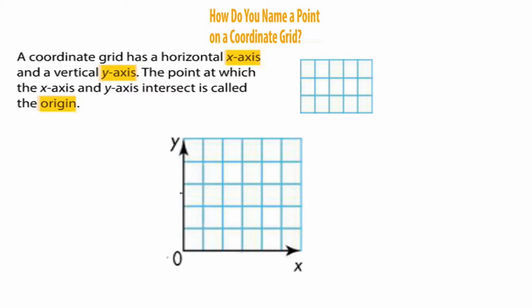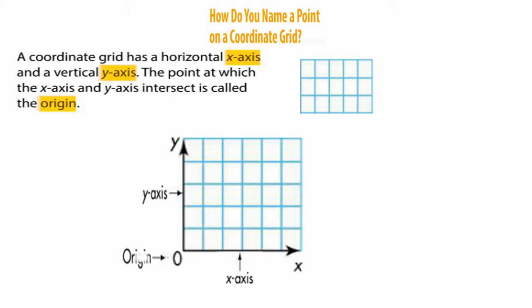The first line, which is horizontal, is called the x-axis, and the other line, which is vertical, is called the y-axis. The point at which the x-axis and y-axis intersect is called the origin point.